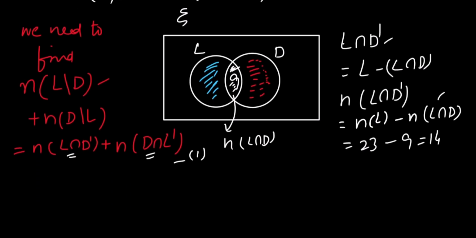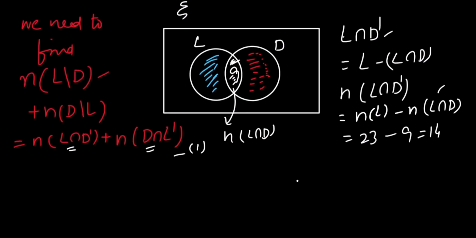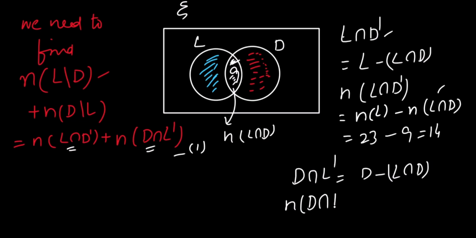Next we find D intersection L complement. Similarly, as with L intersection D complement, if I subtract the intersecting area from the D, I can find D intersection L complement. So this is D difference L intersection D. And to find N, we apply N on both sides.